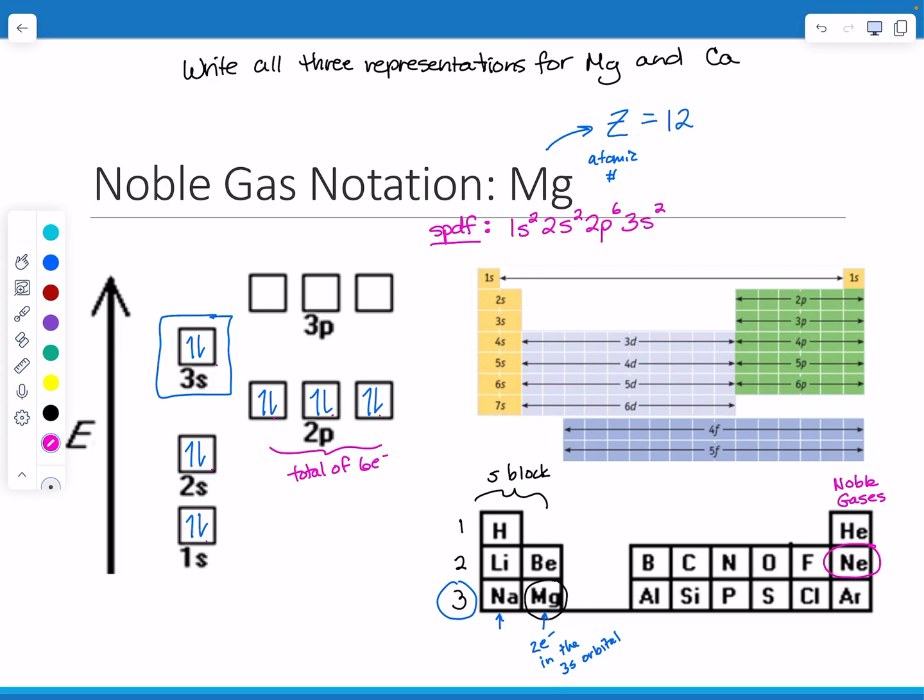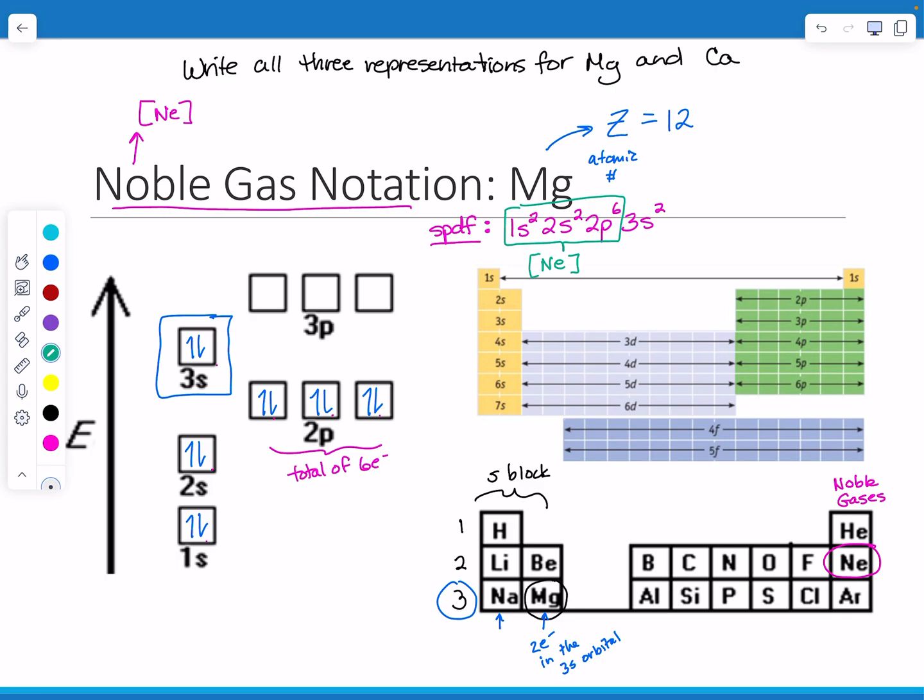And so for the noble gas notation, we're going to start with neon in square brackets, okay? Now this is where the noble gas notation becomes shorthand, because when we write neon in square brackets, what we mean is this. Neon has 10 electrons.